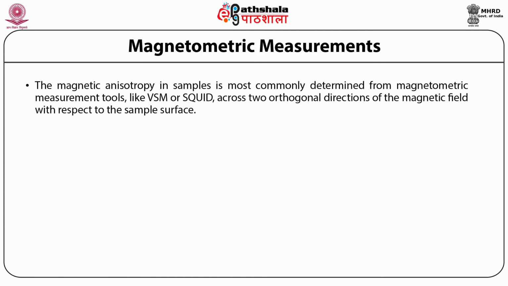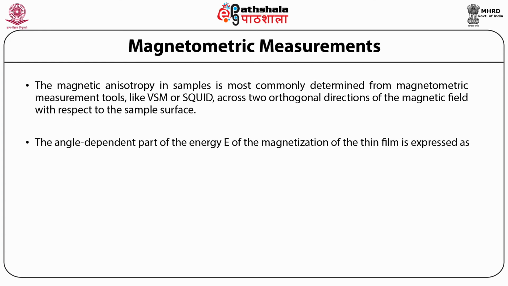The magnetic anisotropy in samples is most commonly determined from magnetometric measurement tools like VSM or SQUID across two orthogonal directions of the magnetic field with respect to the sample surface.